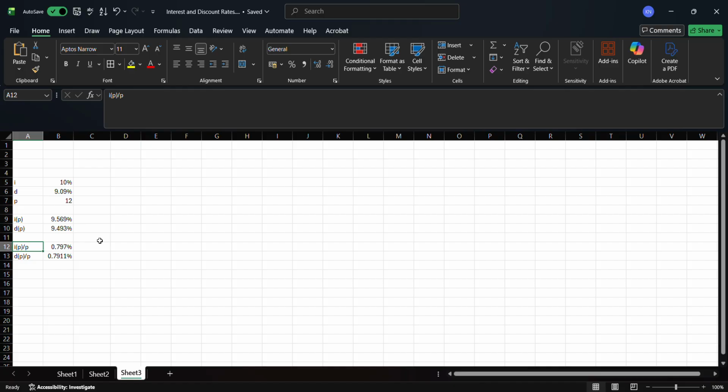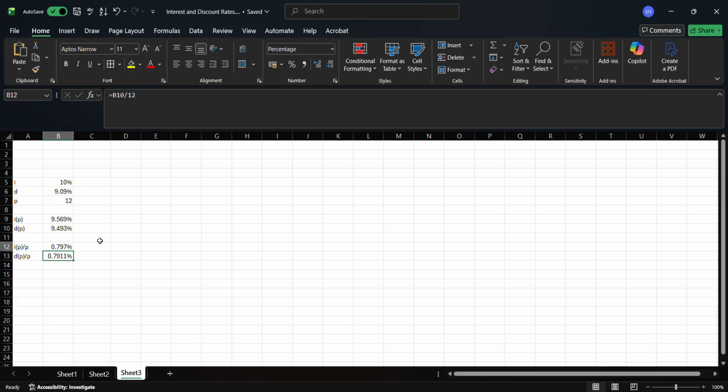Moving over to the effective monthly rates. The effective monthly interest rate is the amount of interest earned at the end of each month. So it's effective to that month. And remember that an effective interest rate is earned at the end of the measurement period. We change the measurement period from a year to a month.